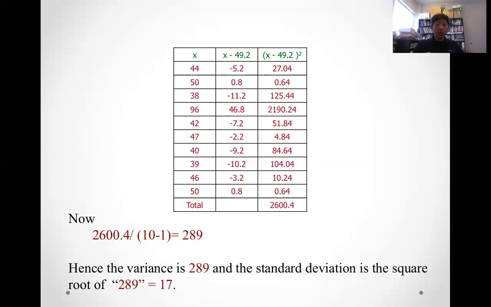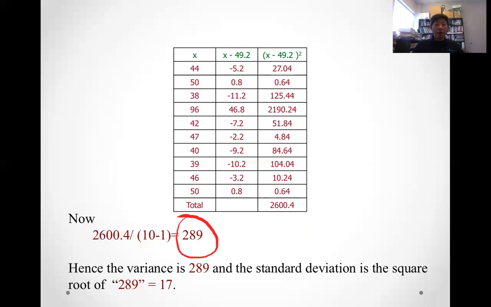Therefore, we add up the total of the squares, which is 2,600.4. And then divide by what? Divide by n minus 1. So we divide by n minus 1, and we get 289.